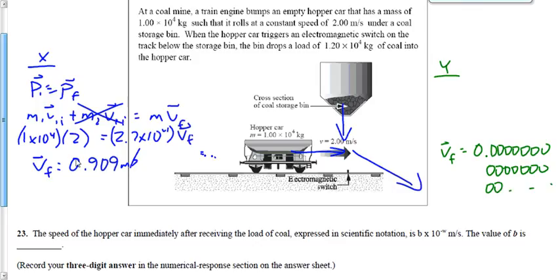And so on. It would be so ridiculously small, the y component of the velocity immediately after the collision, that it just doesn't matter. So we don't need to do the y component.